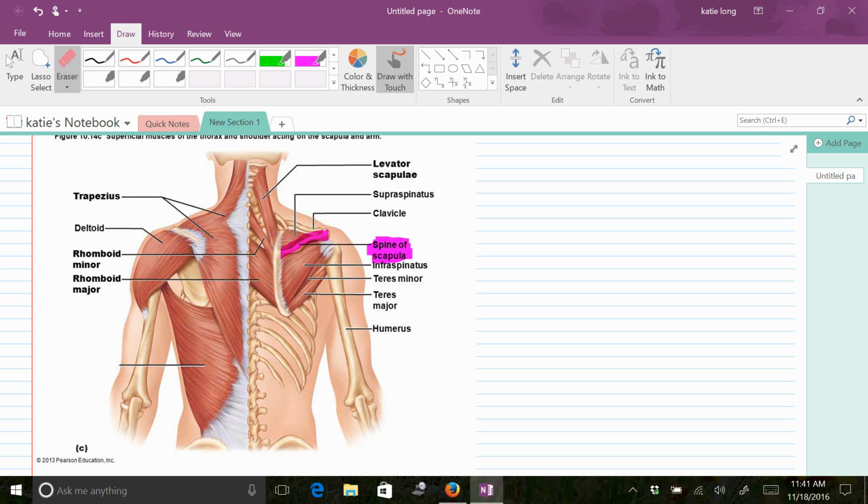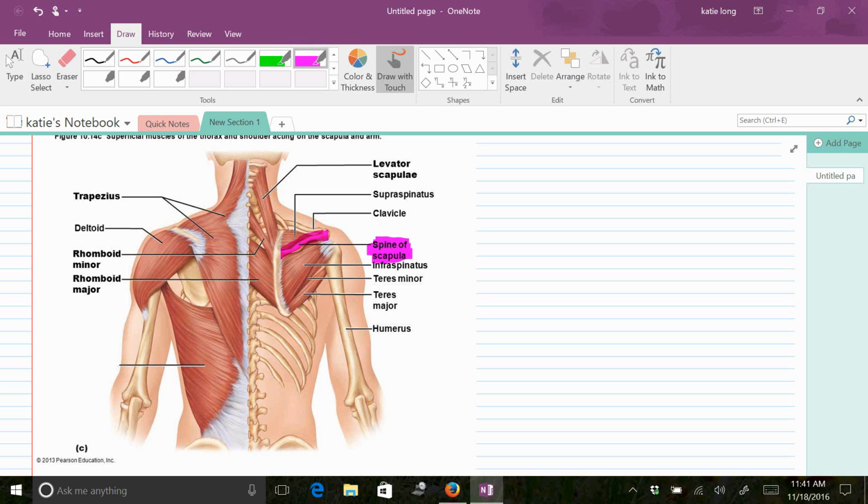So they are related. So I like that we can kind of see some of our bones there. So the deltoid is going to originate on the clavicle and the scapula. And you can kind of see that there. So you can see your scapula.